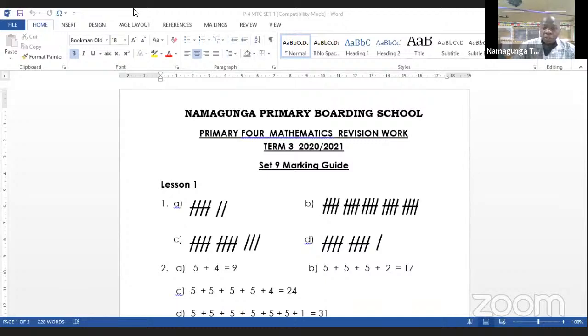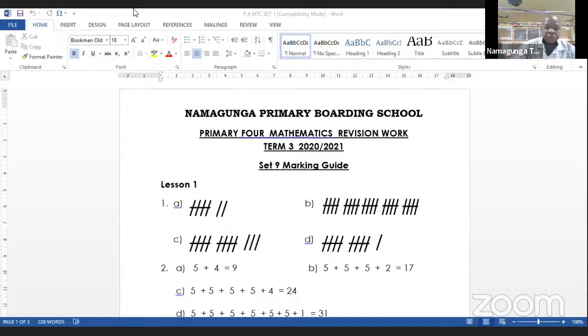Now, part B was 25. We say that each bundle contains 5. That means there must be 5 bundles. Everybody must have drawn 5 bundles. And we said each bundle has got 4 sticks and 1 crosses. Then part C, that is 13.